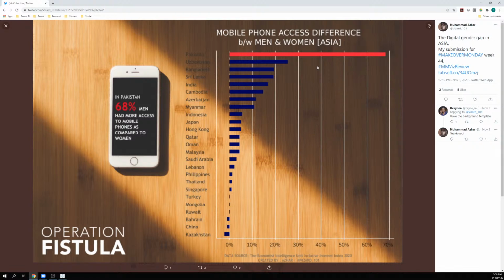I also think, because it says "mobile phone access difference B/W", in a title I'd always encourage people to spell it out properly. It makes it look like a good thing, kind of. So it says in Pakistan, 68%, it should be of men.